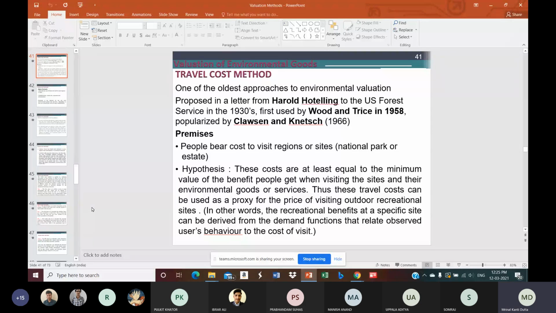It's a kind of market value; it's not a non-market value kind of thing. So that will be based on the quantity demanded at different prices. Okay, so that way, in fact, we assume that the travel cost method will work.